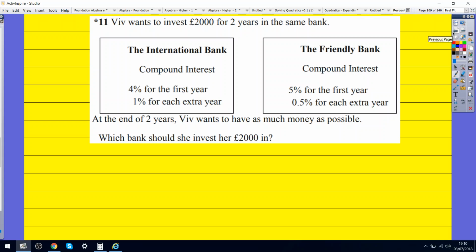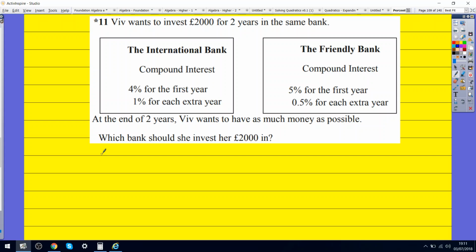How about this one? So you have to work out for each one. So then it would be 1.04 to the power of how many years? 2 years, and then times that by 2,000.